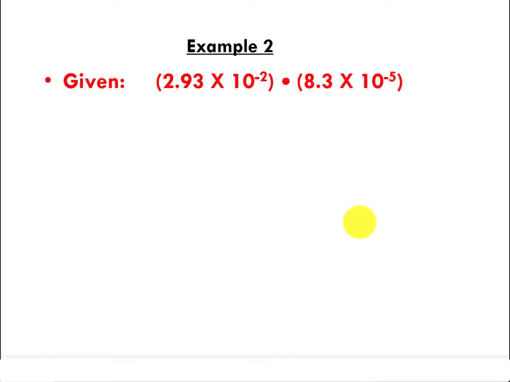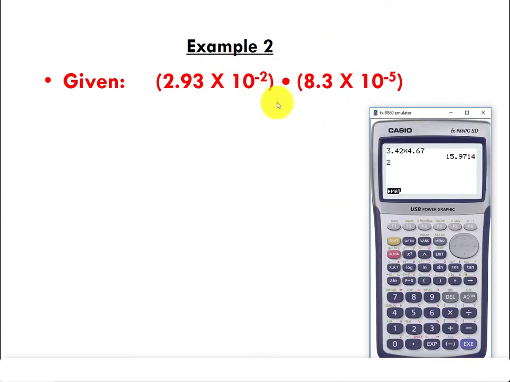Example number 2. Alright, 2.93 times 10 raised to negative 2 times 8.3 times 10 raised to negative 5. So first, let's multiply 2.93 times 8.3.